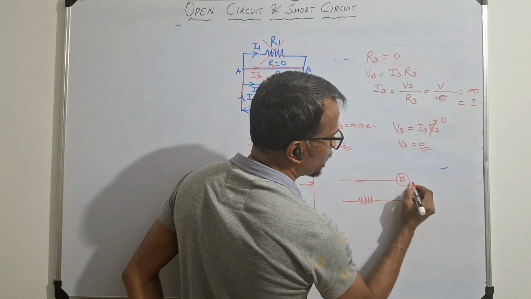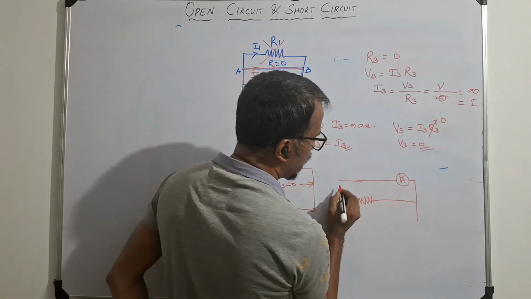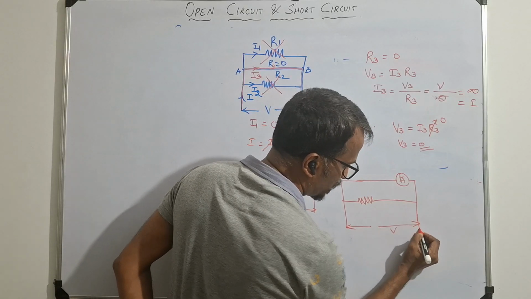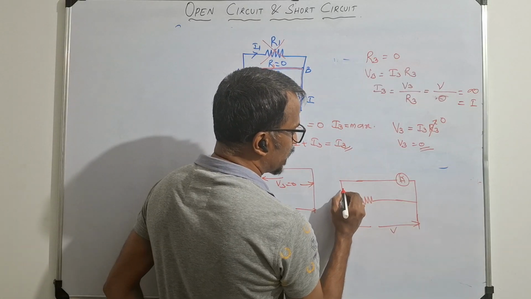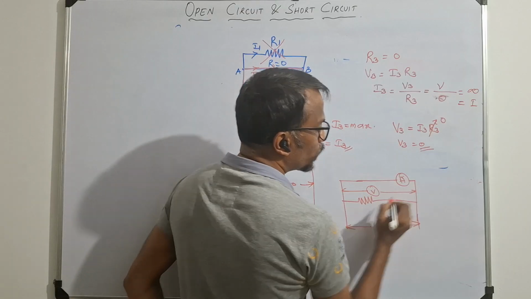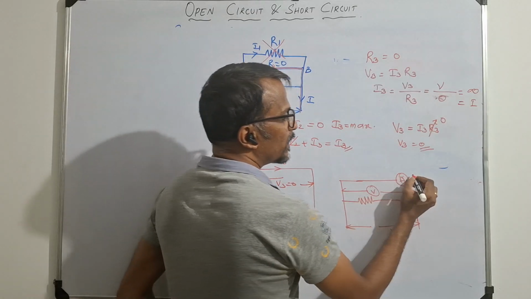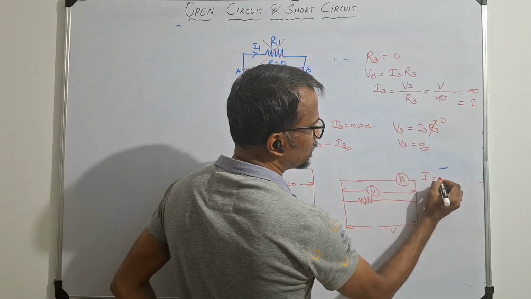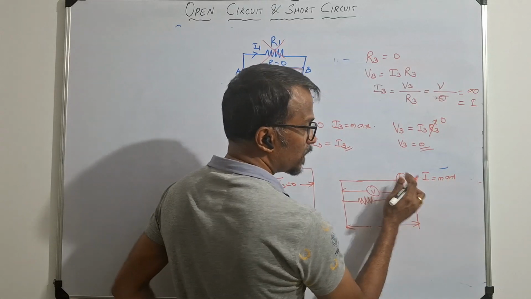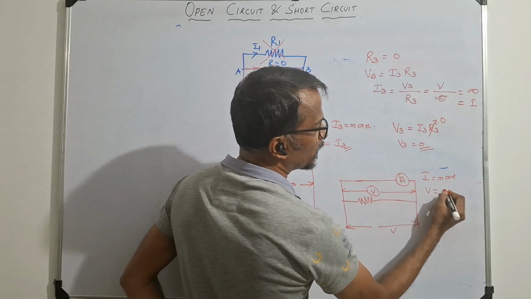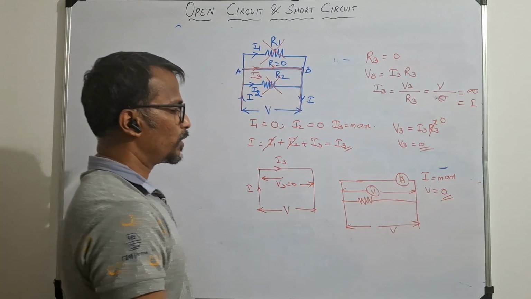Assume one ammeter is connected here, and if you connect a voltage supply, assume we are connecting one voltmeter as well. In this short circuit, the total current I will be maximum through the short. At the same time, the voltmeter reading will be 0.